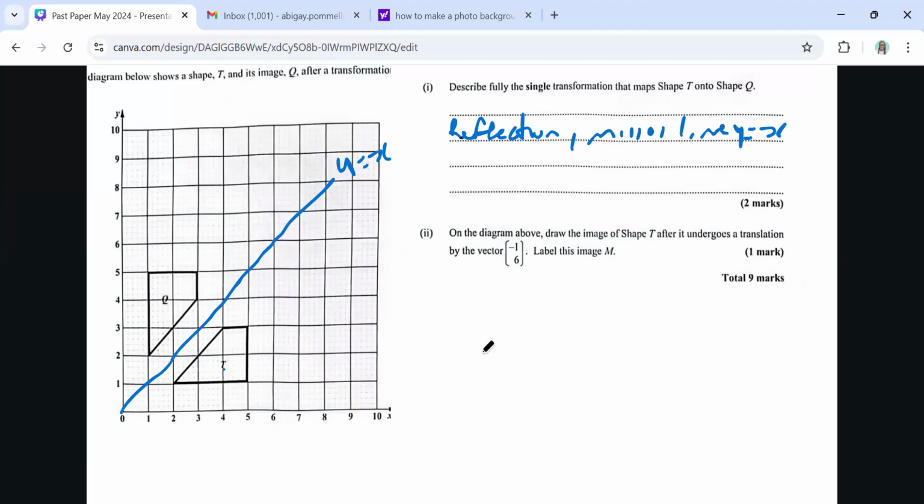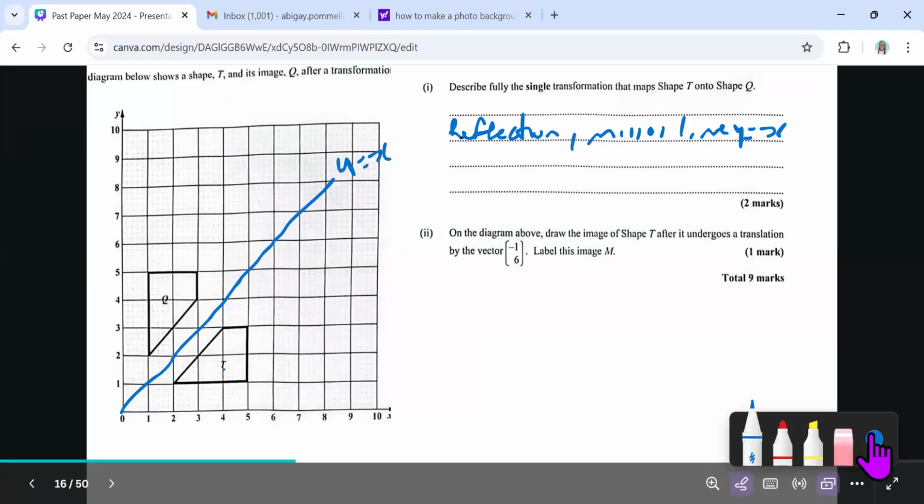Next one, it says, on the diagram above, draw the image of shape T if it undergoes a translation by the vector -1, 6. Label it image M. All right, so moving from shape T to image M. We use a different color.